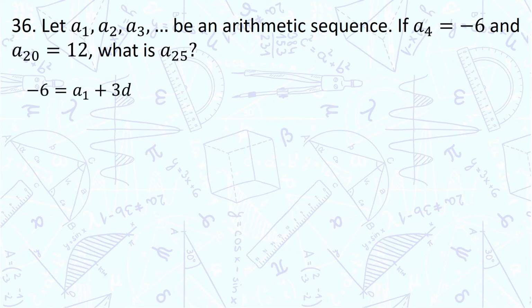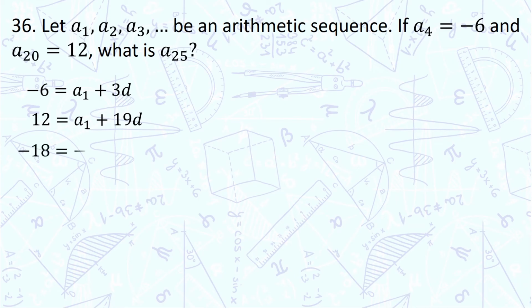That should be equal to a sub 1 plus 4 minus 1, that is n minus 1, 3 times the common difference d. So negative 6 is equal to a sub 1 plus 3d. For a sub 20, we have 12 is equal to a sub 1 plus 19d. And then solve these two equations simultaneously for a sub 1 and d so that we can get the 25th term.